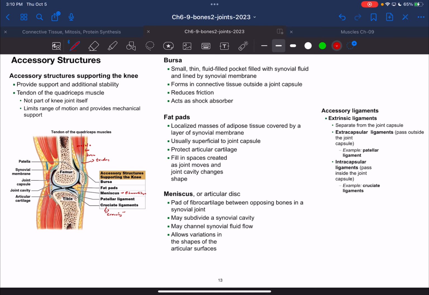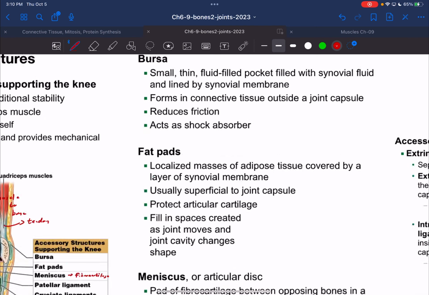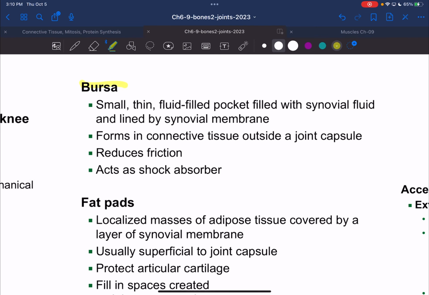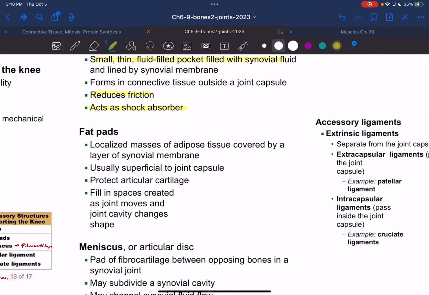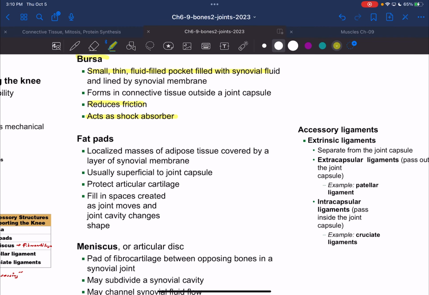And so, for our bursa, same thing as the synovial capsule does. Our fat pads, we know what fat does. It insulates, it protects. Keep it simple for this one.